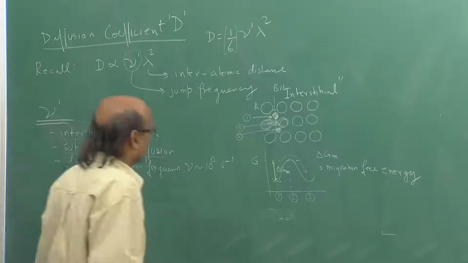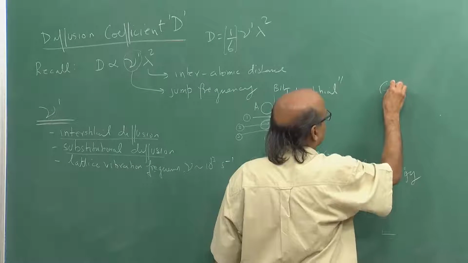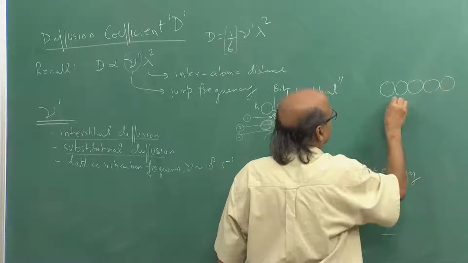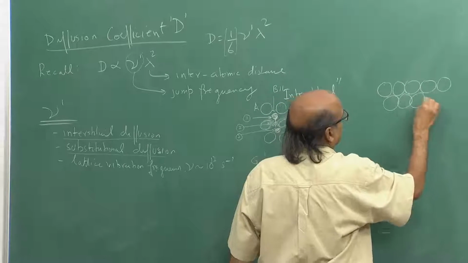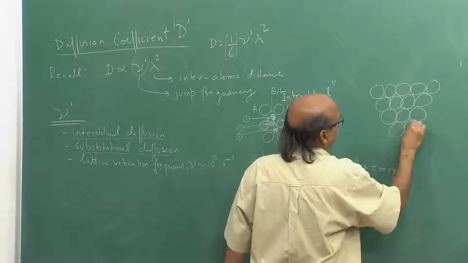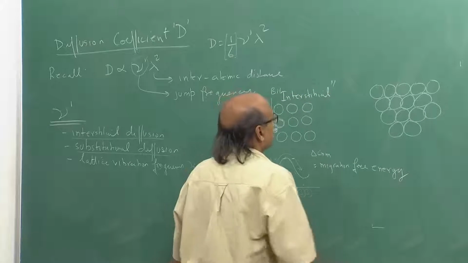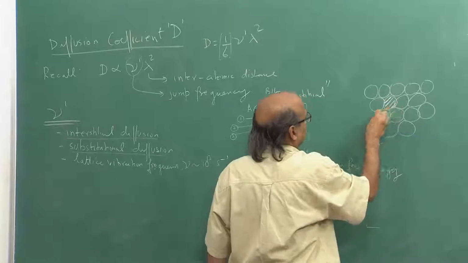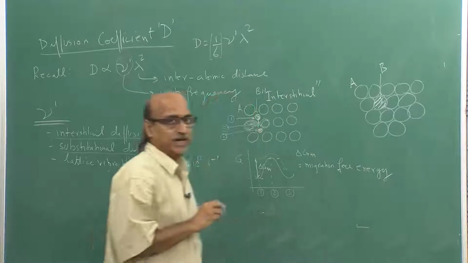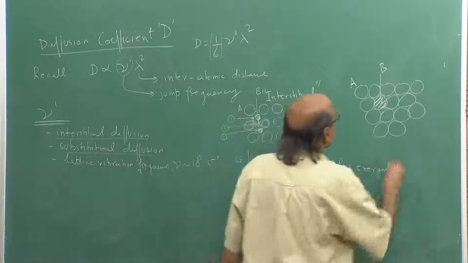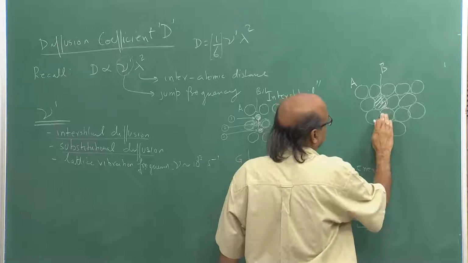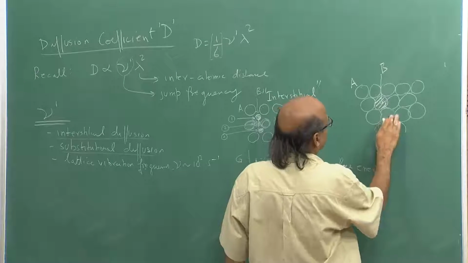What about substitutional? A similar situation also exists for substitutional diffusion. Let us say this is my solute atom. So, this is A atom, this is B atom. Now, if it has to jump to a neighboring site, this neighboring site has to be vacant. So, let us say that this is a vacant site.